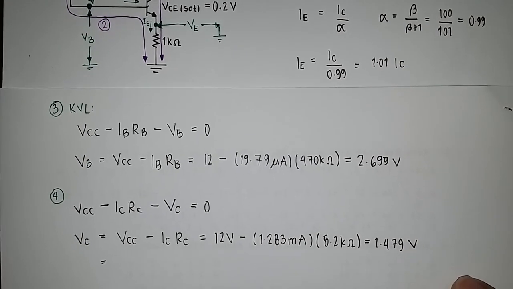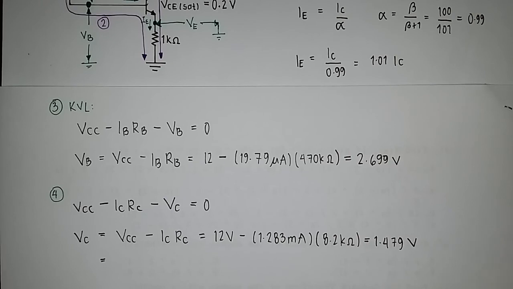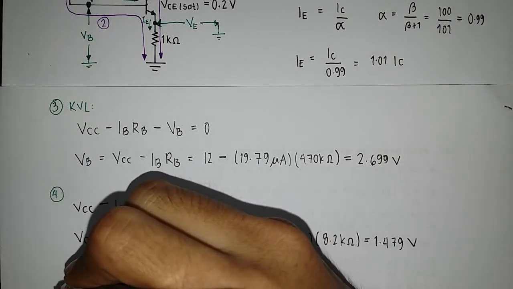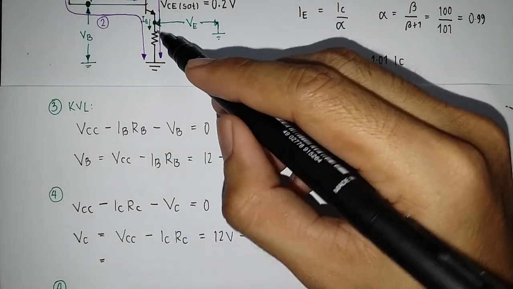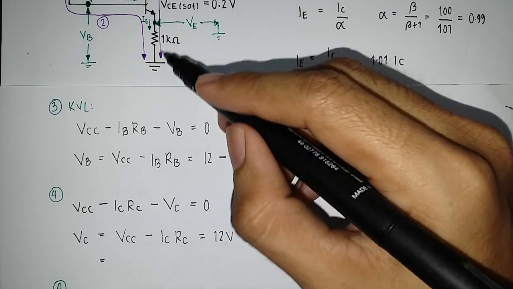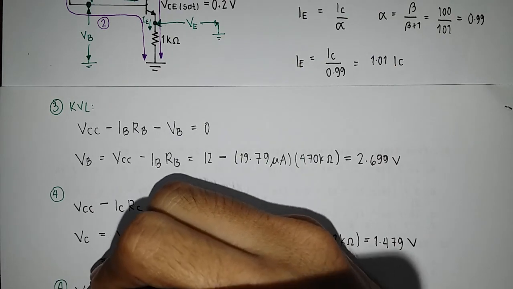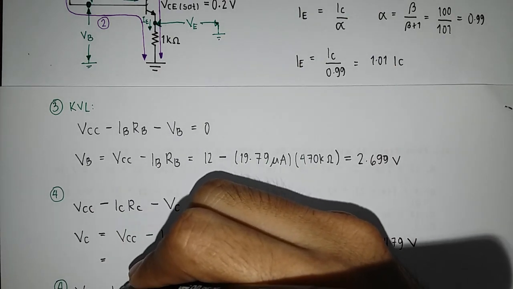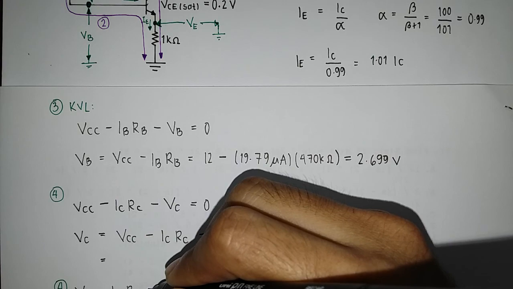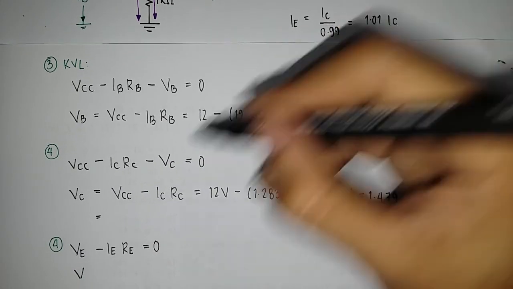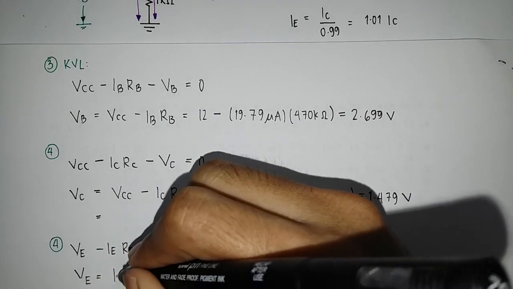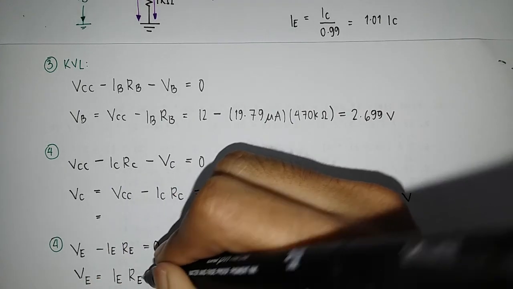Okay, now solve for VE. VE dito sa problem na to. Pwede tayo mag-loop from VE to the ground. Makuha natin VE minus IERE is equal to 0, or pwede natin sabihin na VE is equal to IERE.